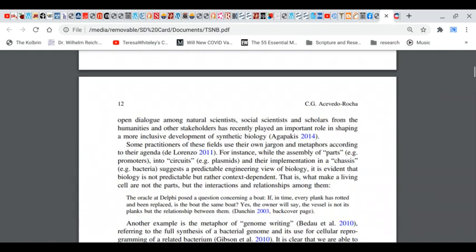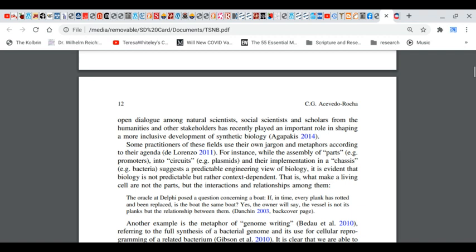Importantly, an open dialogue among natural scientists, social scientists, and scholars from the humanities and other stakeholders has recently played an important role in shaping a more inclusive development of synthetic biology. Some practitioners of these fields use their own jargon and metaphors according to their agenda.